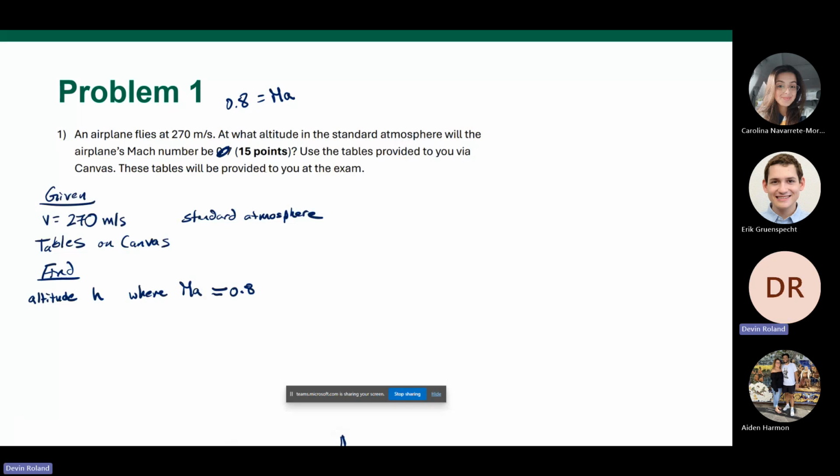For the solution, I'll write over here on the right-hand side. I'm going to grab my notes as well to make sure I write down every step that I did when I was working these. We know that the Mach number is equal to the velocity of the plane divided by the speed of sound.